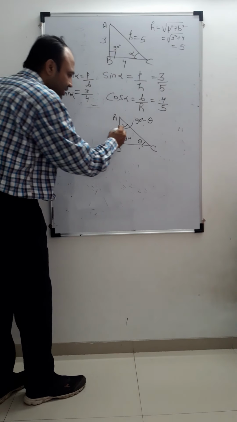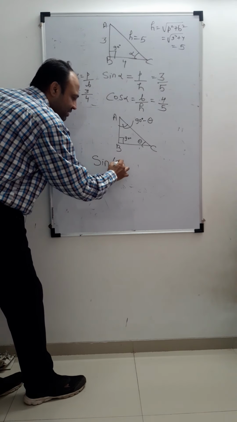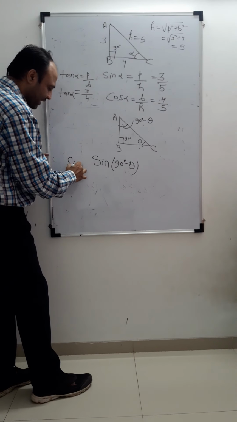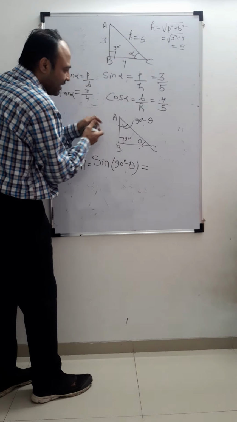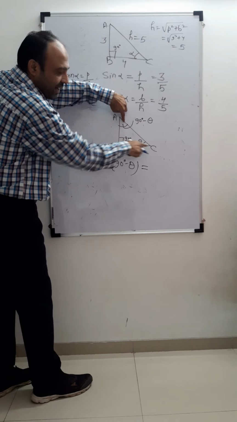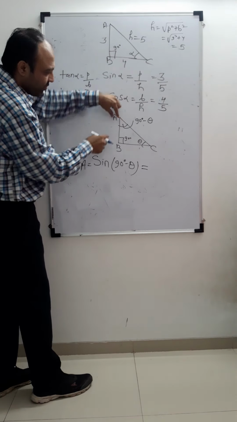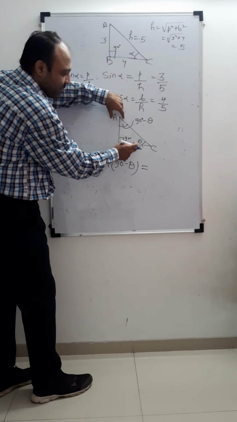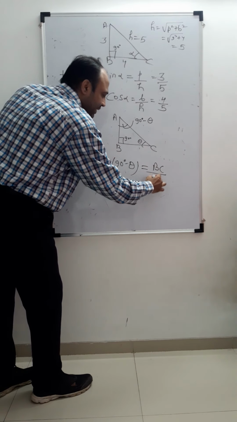Fine? So now, if I have to get sine of A, which is sine 90 minus theta. For this angle, this is perpendicular, this is base and this is hypotenuse. Sine says perpendicular upon hypotenuse, means BC upon AC.